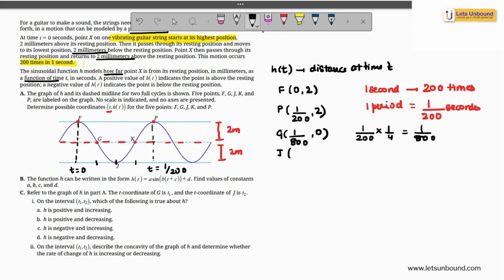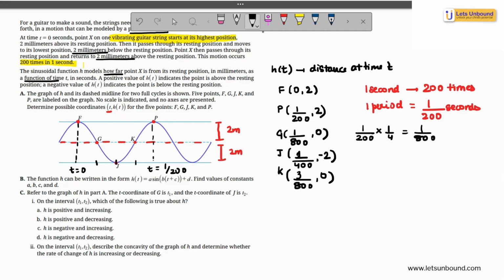J will be 2 over 800, which I can simplify as 1 over 400, comma negative 2 because it's below the resting position, and K will have the coordinate 3 over 800, comma 0 because again it's at the resting position. So these are the coordinates of the points f, g, j, k, and p.